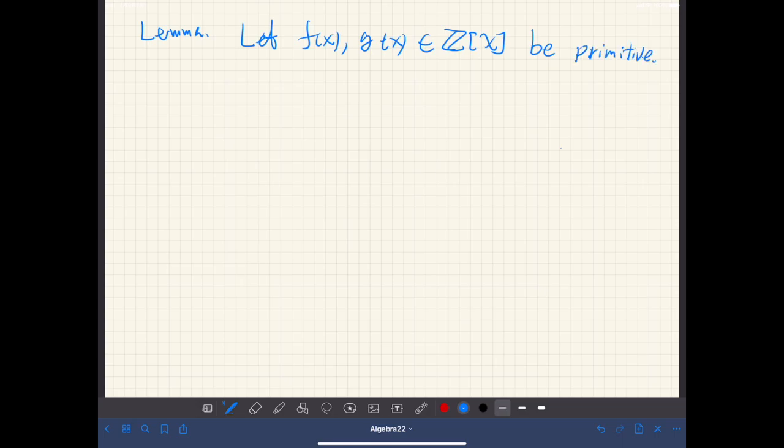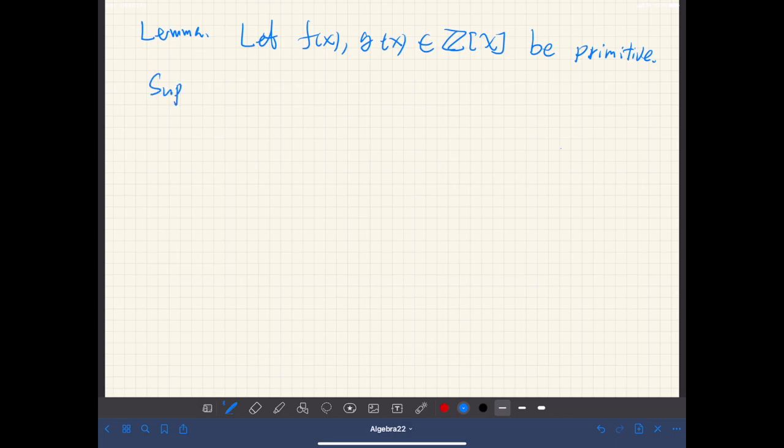Now let's prove a little lemma. Let f of x and g of x be polynomials with integer coefficients that are primitive.